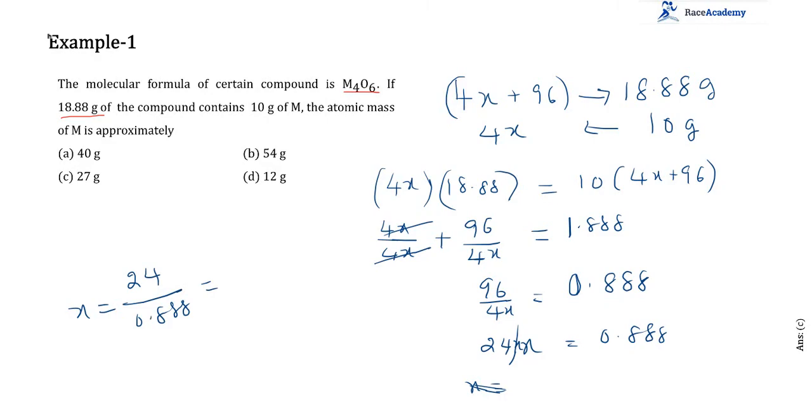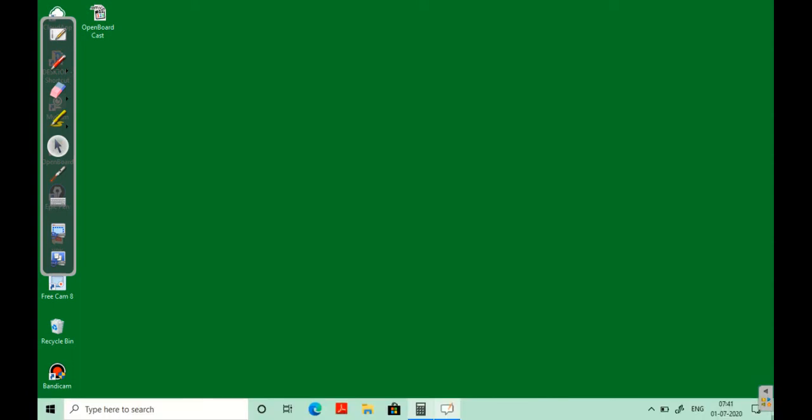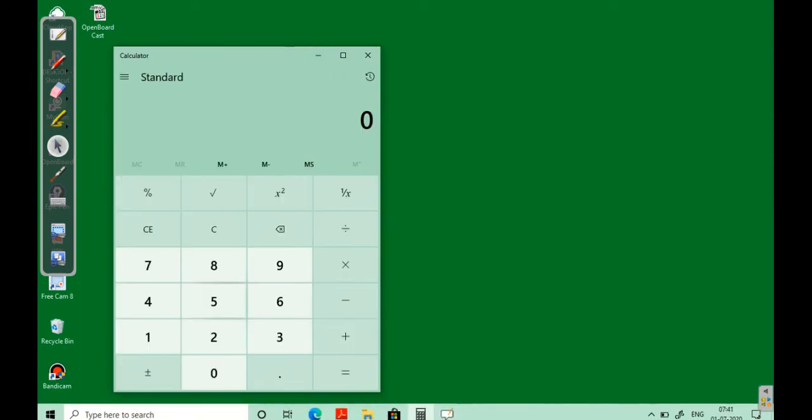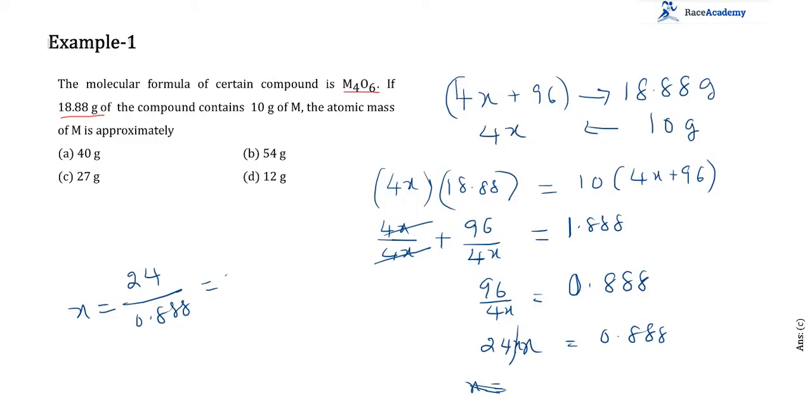Suppose we see the calculation here: 24 divided by 0.88, you got 27.027. This is what we got, and it is the atomic mass of M.